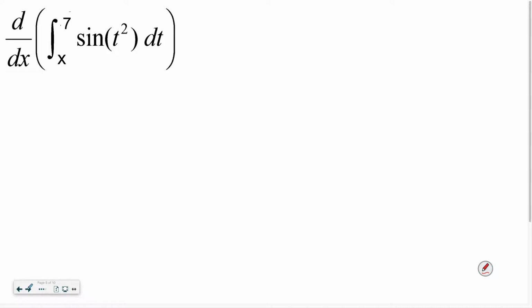What's different about this one? Okay, this is x to a instead of a to x. And when our limits of integration get flipped, switched, whatever you want to say, what happens to our answer? Oh, so you do know that. Because on the quiz yesterday, I had a handful of you who did not realize that.